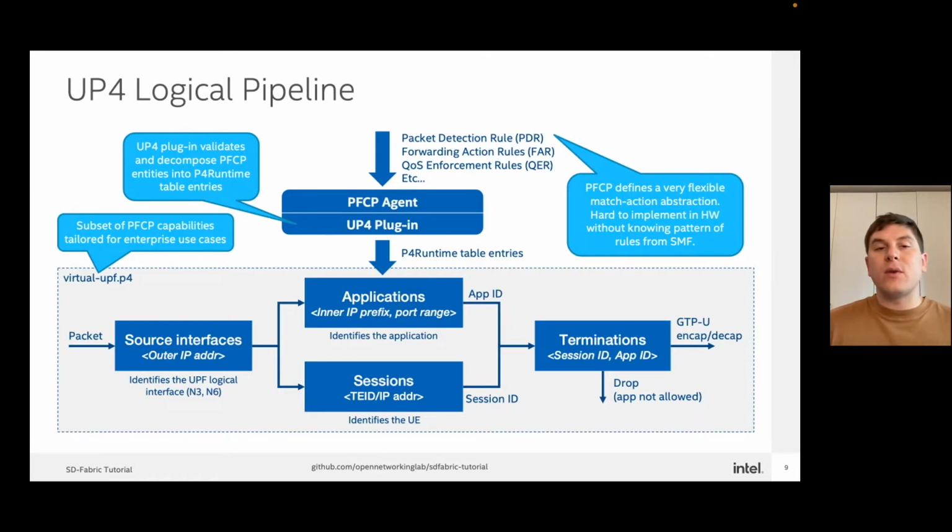These two tables write two metadata, the application ID and the session ID. So the role of the termination table is that of matching on session ID and app ID to decide whether to drop the packet in case we're doing so-called application filtering. If a packet is not dropped, then the termination table is the one setting the necessary metadata to do GTP-U encapsulation and decapsulation.